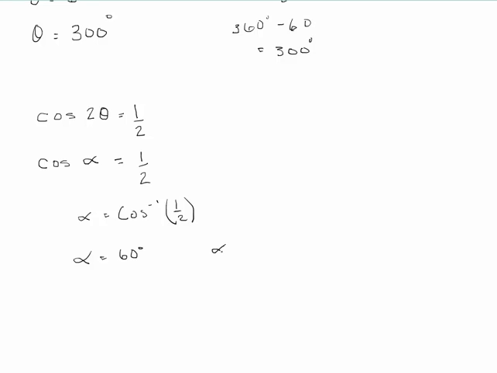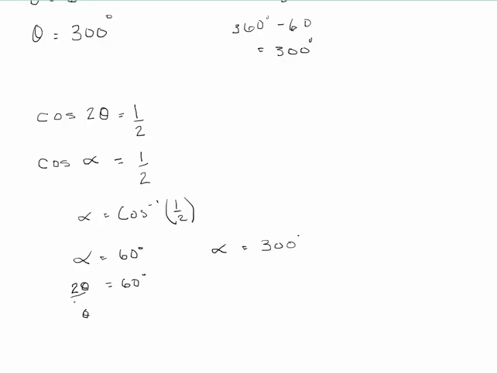We also know from our previous example, using related acute angles, that alpha is equal to 300 degrees as well. But what we can't forget is we aren't actually solving for alpha. We're solving for 2 theta. So we bring that back and solve for what theta actually is. Alpha is just used temporarily to simplify our work.